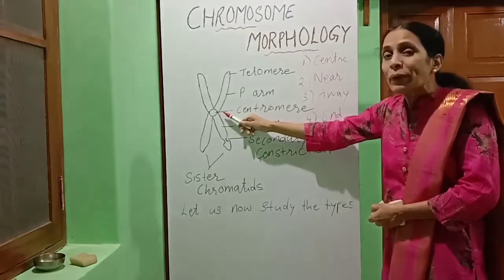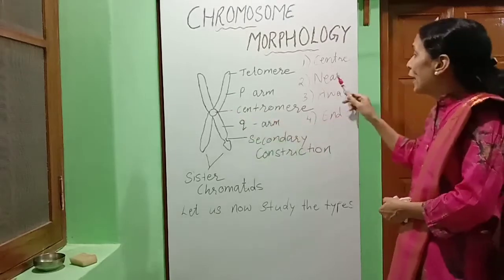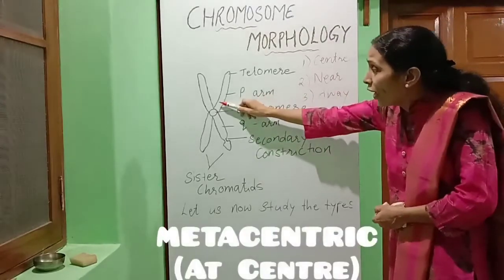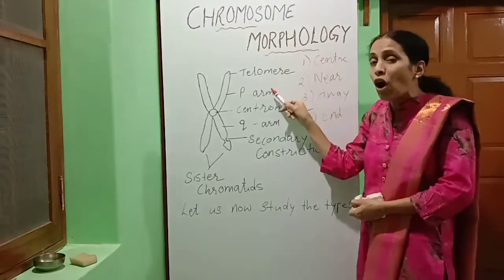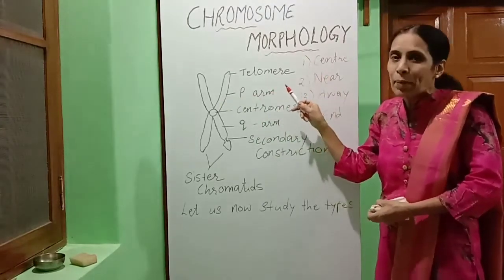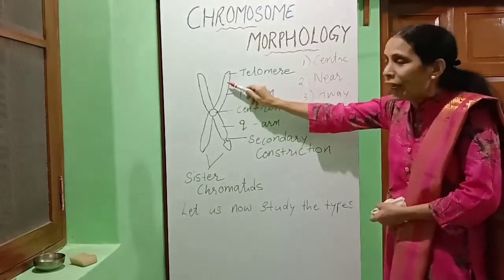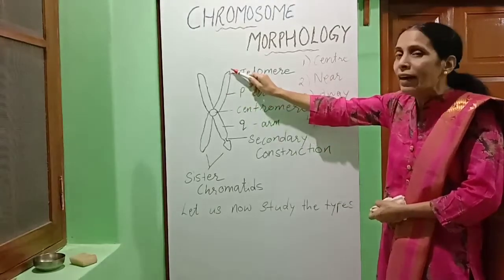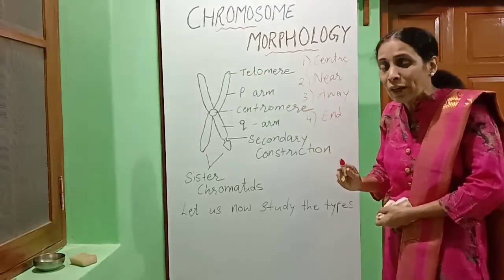The chromosome is called metacentric. If it is somewhere near the center, the chromosome is called submetacentric. If it is away and near the end, it is called acrocentric.